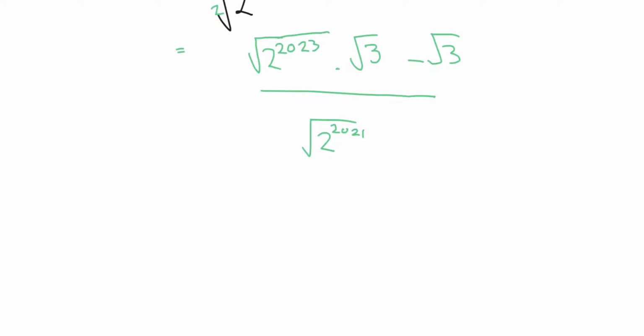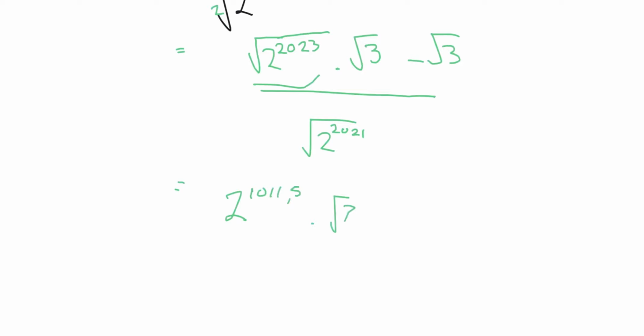So what you can then do is solve for this here, 2 to the power of 2021. What you're going to get here is 2 to the power of 1001.5 multiplied by root 3.